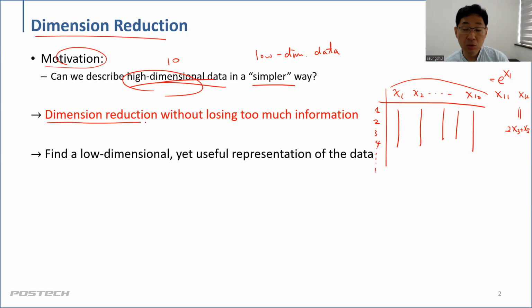We want to do dimension reduction, and it's okay to believe that dimension reduction is always good, but there are some conditions. We're going to reduce something without losing too much information. That's the key. That's the key.